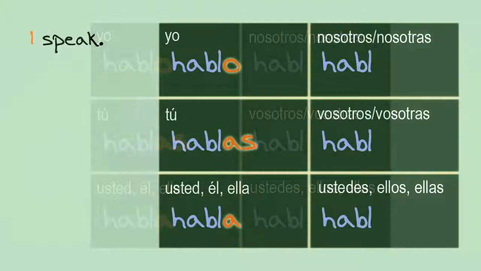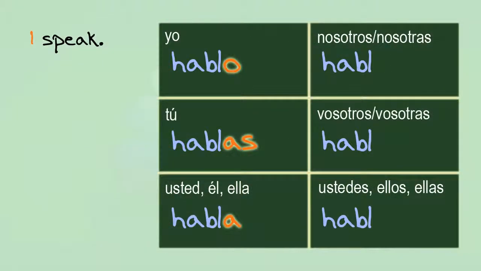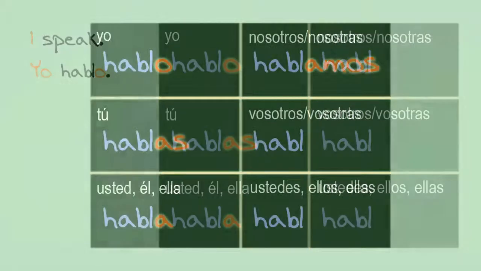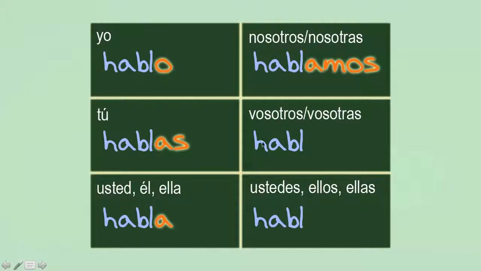Try one on your own. If you were thinking yo hablo, then you were right. Let's move over to the plural column. At the top, we have nosotros or nosotras hablamos.